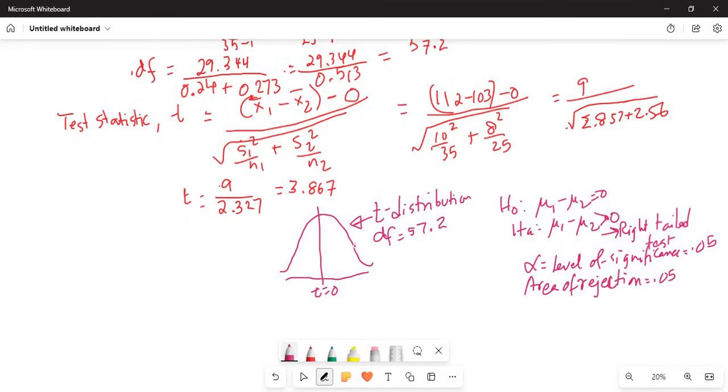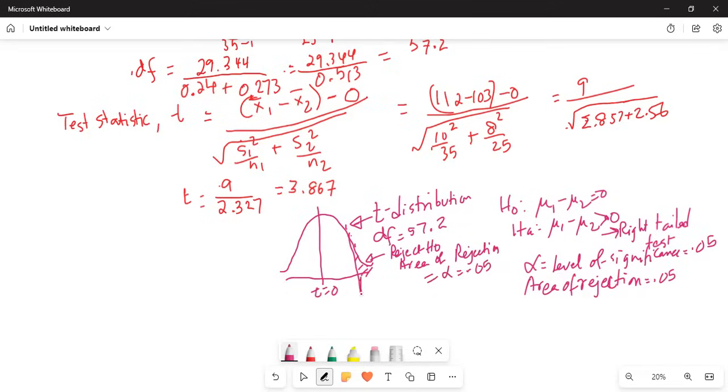So this area on the right tail is the rejection region, where we reject H0, and the area of rejection is equal to alpha, 0.05.